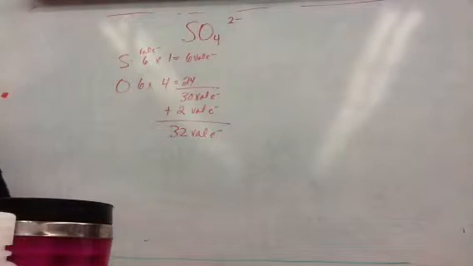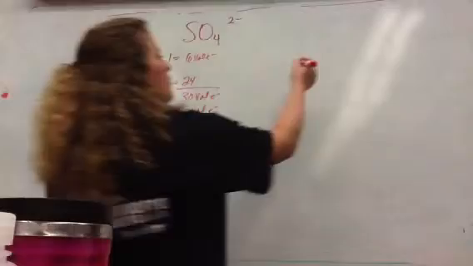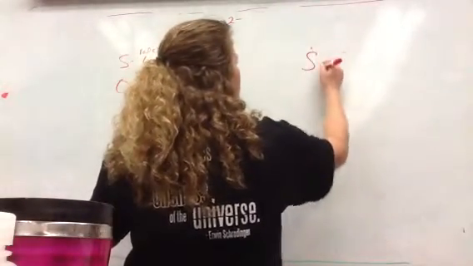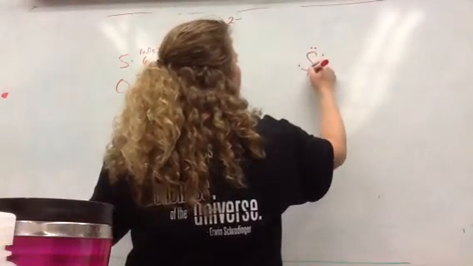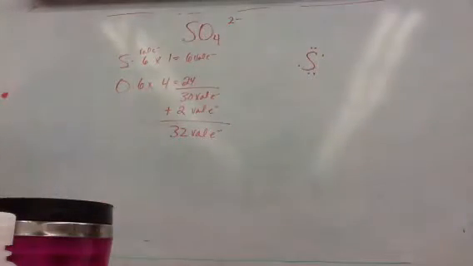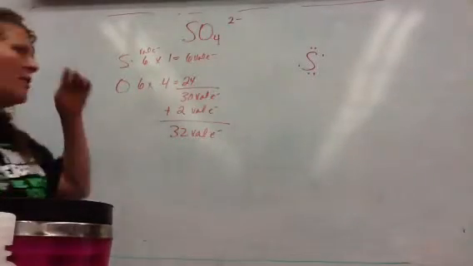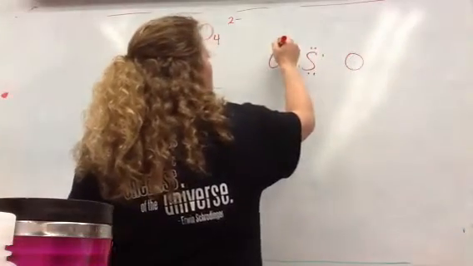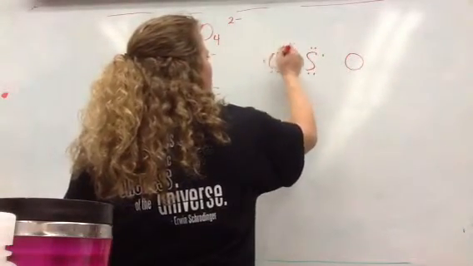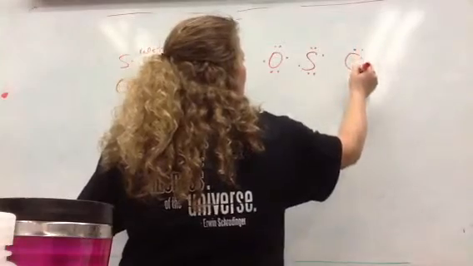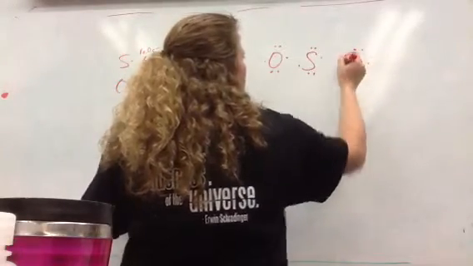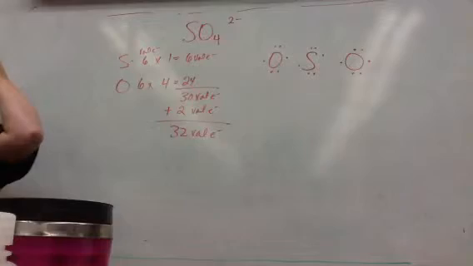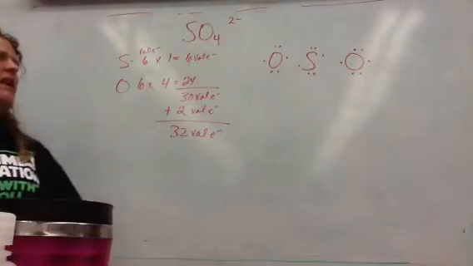Okay, so let's draw our Lewis dot diagram for sulfur. We'll stick sulfur right here. We have 1, 2, 3, 4, 5, 6. Now we know we have 4 oxygens. I see a problem. Do you see a problem? Okay. What's the problem? There seem to only be 2 sides where sulfur can bond.